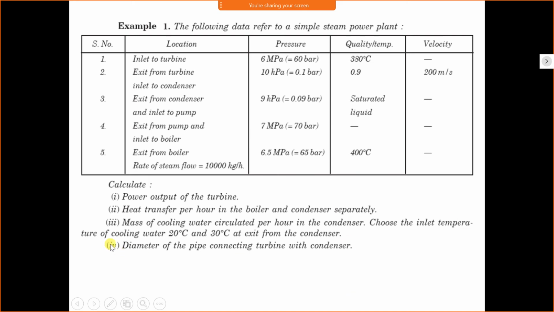The inlet temperature of the cooling water is 20 degrees Celsius and outlet temperature is 30 degrees Celsius. Then the diameter of the pipe connecting the turbine with the condenser.